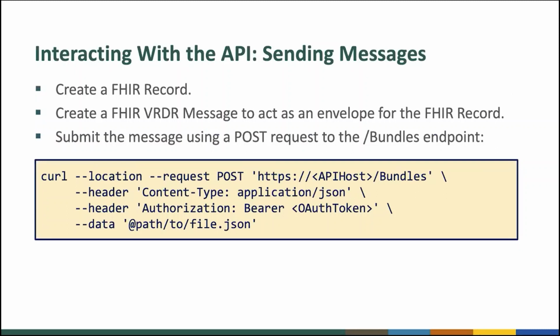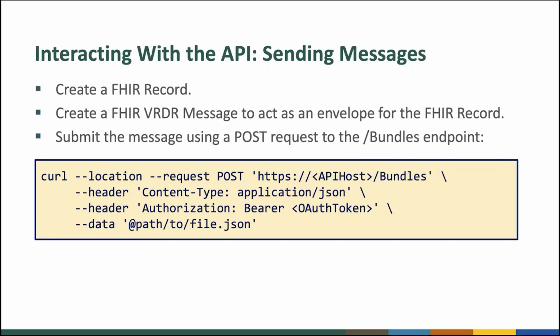Now, once we have that token, we can start sending messages. And there are a few steps to getting to the point where a message can be sent. The first is actually creating the FHIR record. And that's something that we've covered in detail elsewhere.